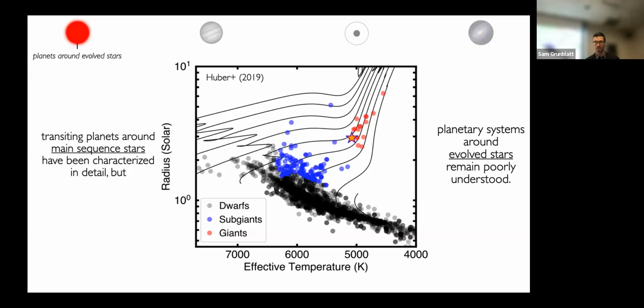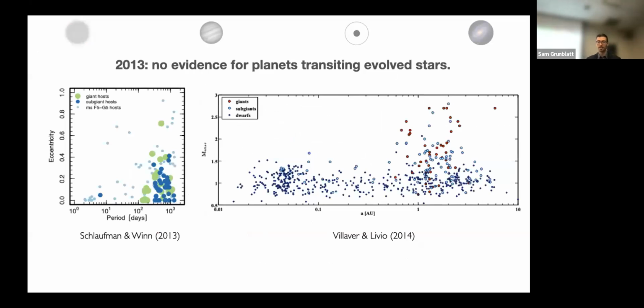To understand their planet population, we have to target them specifically and study their demographics in a more focused way, instead of having them be an add-on of Kepler stars that weren't what we thought they were. A decade ago, there was no evidence for transiting planets around evolved stars.